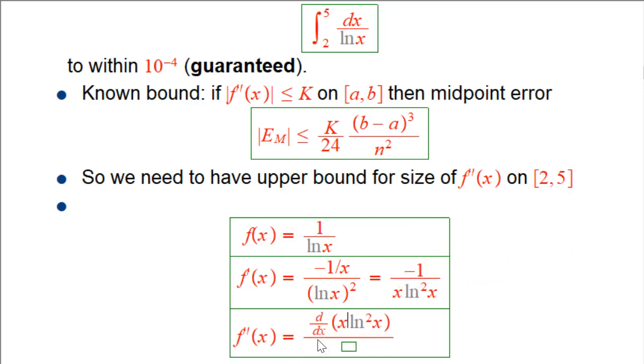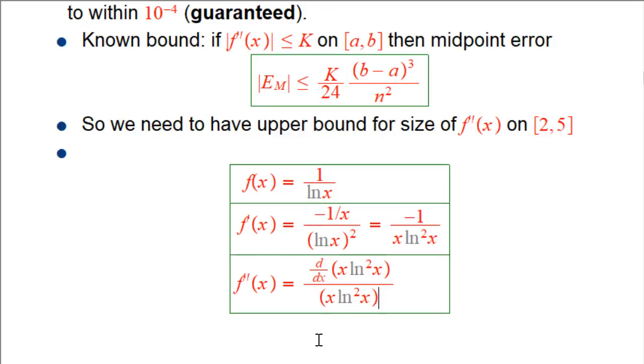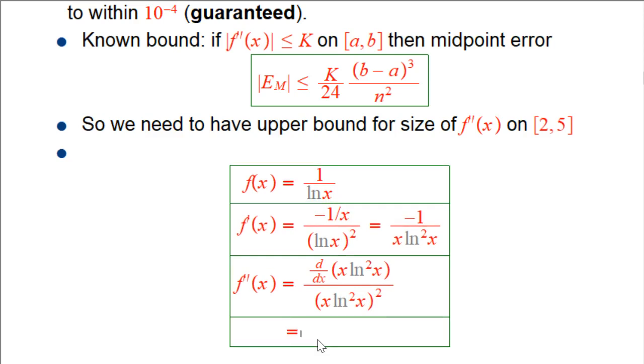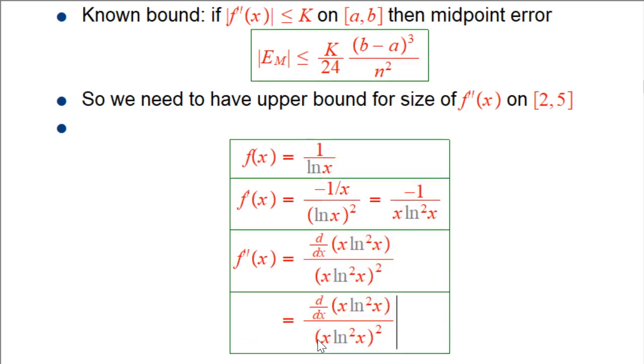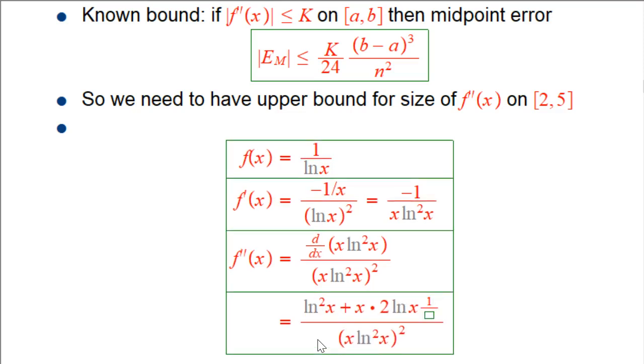Okay, now we use the product rule on the top, and the derivative of x is just 1. So we're going to get just that, with the second thing left alone, plus x, and now we need a little chain rule, times 2 ln x times the derivative of that, 1 over x.